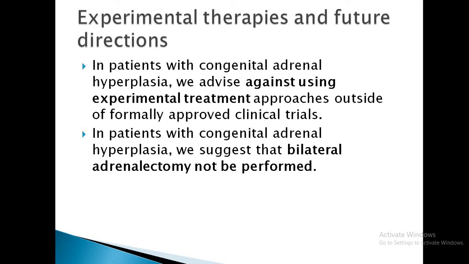An alternative strategy to decrease adrenal androgen excess is to reduce the ACTH production. Another study was done using a selective corticotropin releasing hormone receptor type 1 antagonist. It's called NBI 77860.